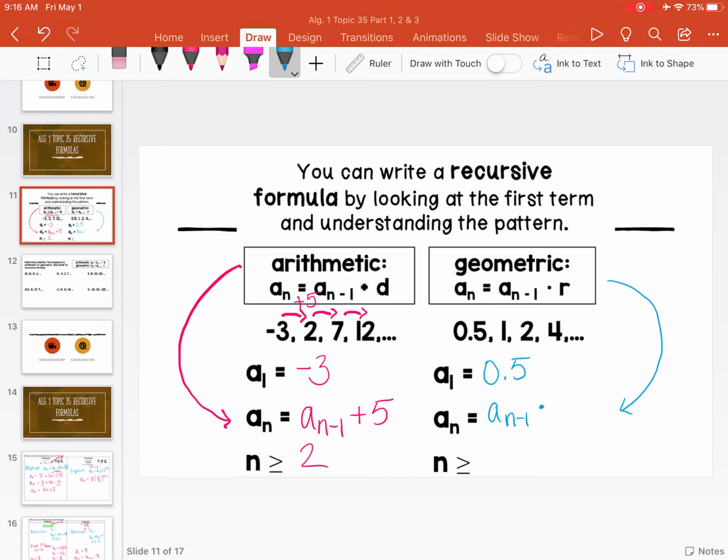Now, in order to get from 1/2 to 1, from 1 to 2, from 2 to 4, we're not adding a number here, but instead we're multiplying. Specifically, we're multiplying by 2. So our common ratio is 2. And again, this works for finding the second term and up.